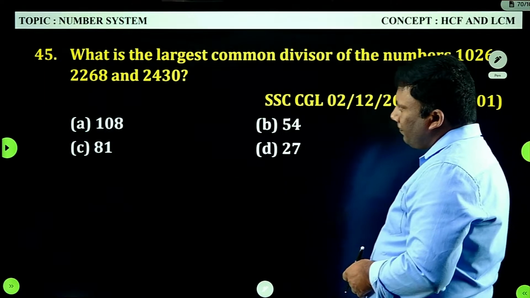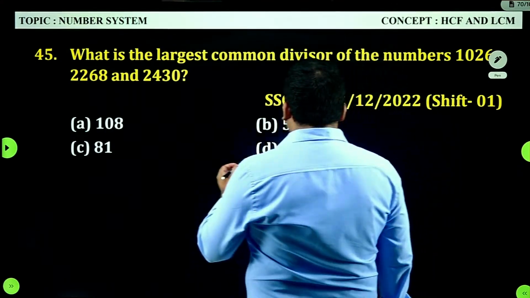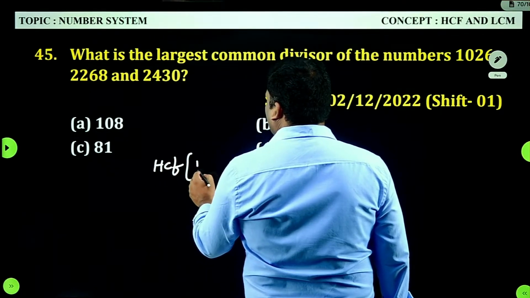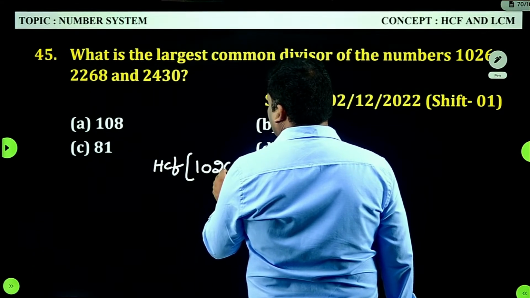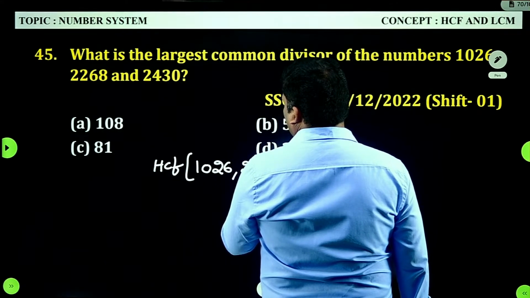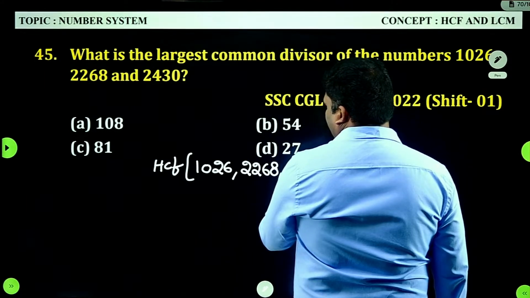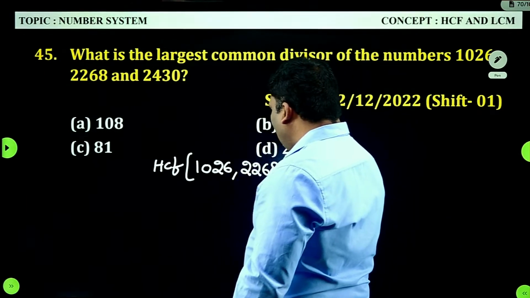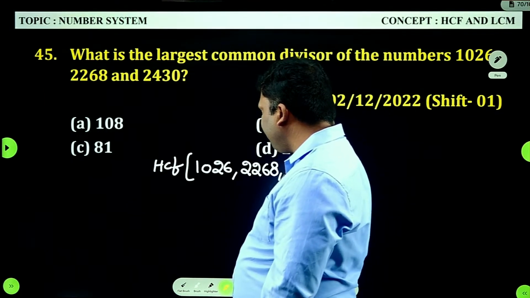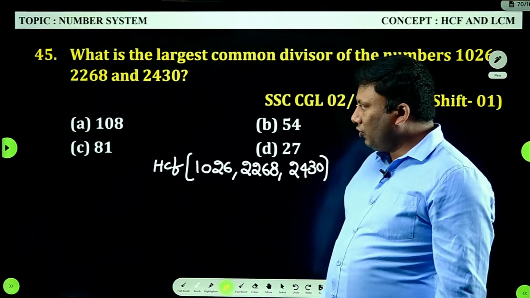Find the largest common divisor. It's an original question, sir. I picked it out. HCF of 1026, 2268, 2430.